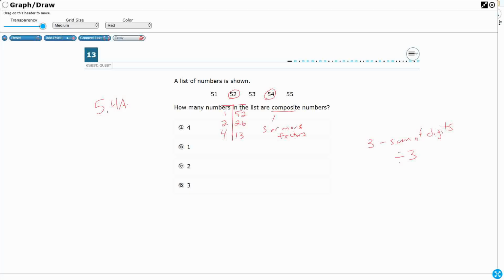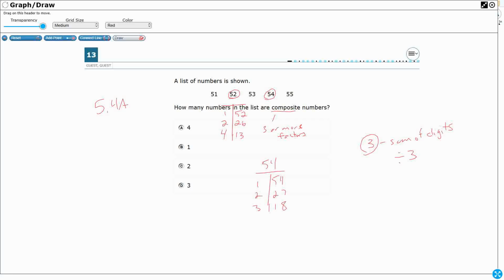And if we were to look at 54, we know it's 1 and 54. We know it's 2 and something, in this case 2 and 27. Now look at my divisibility by 3. 5 plus 4 makes 9, so 3 times something is going to make 54, right? So in this case, it's going to be 18.